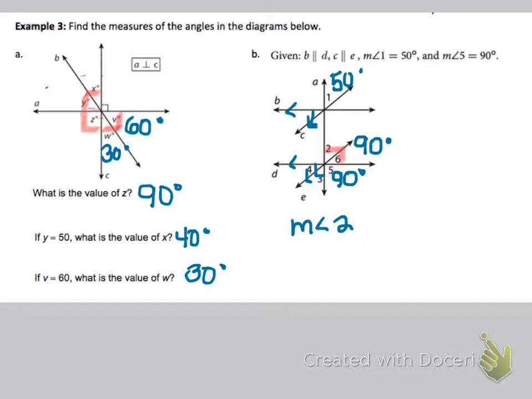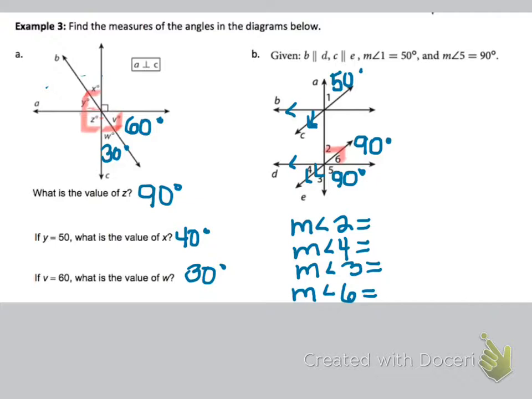I guess they want us to find the measure of angle 4, the measure of angle 3. We already know the measure of angle 5, and we know the measure of angle 1. So it looks like we just have to find 4, 3, 2, and I guess we need to know 6. So all the ones that are missing there we're going to find. So let's start digging in and see what we can find.